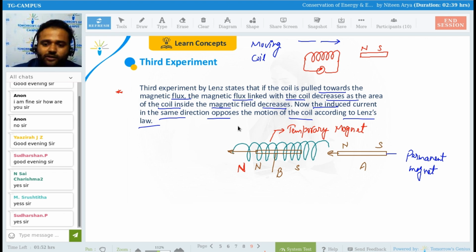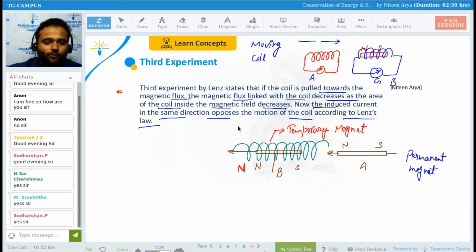Now the coil is moving, as written over here. Lenz's law says that if the coil is pulled towards the magnetic flux, the flux linked with the coil decreases, as the area of the coil decreases. Now this coil is here, this is your galvanometer.